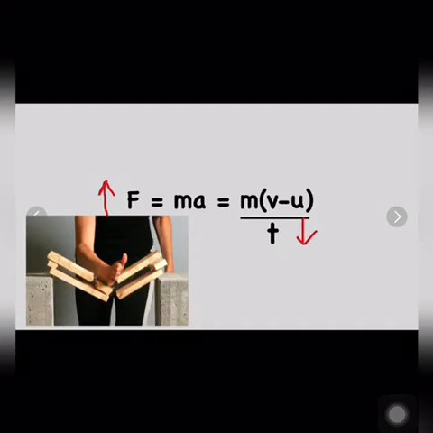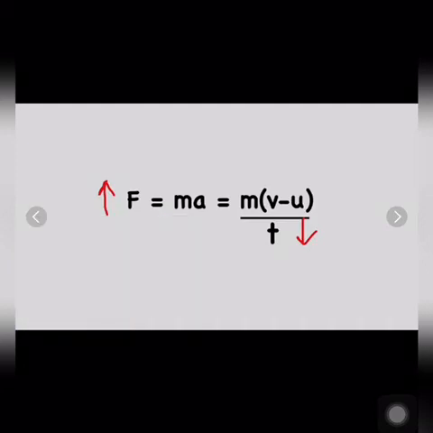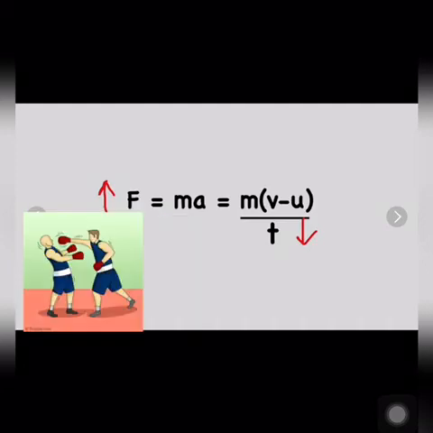the pile of tiles. Also, we have seen that a boxer moves his head backward when his opponent throws a punch. The same reason is here also. By moving his head backward, he increases the time, and by increasing the time, the force exerted on his face will be less.